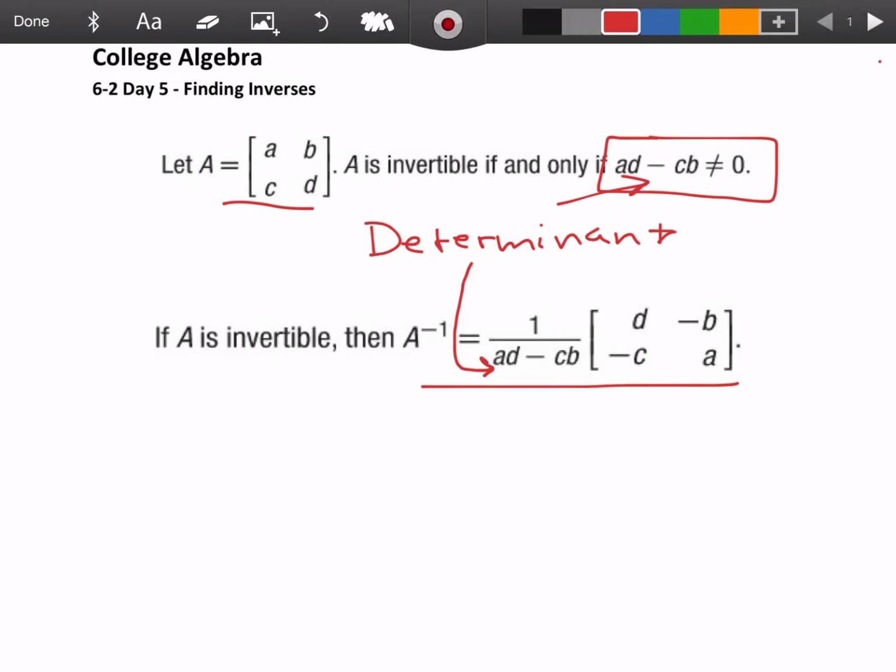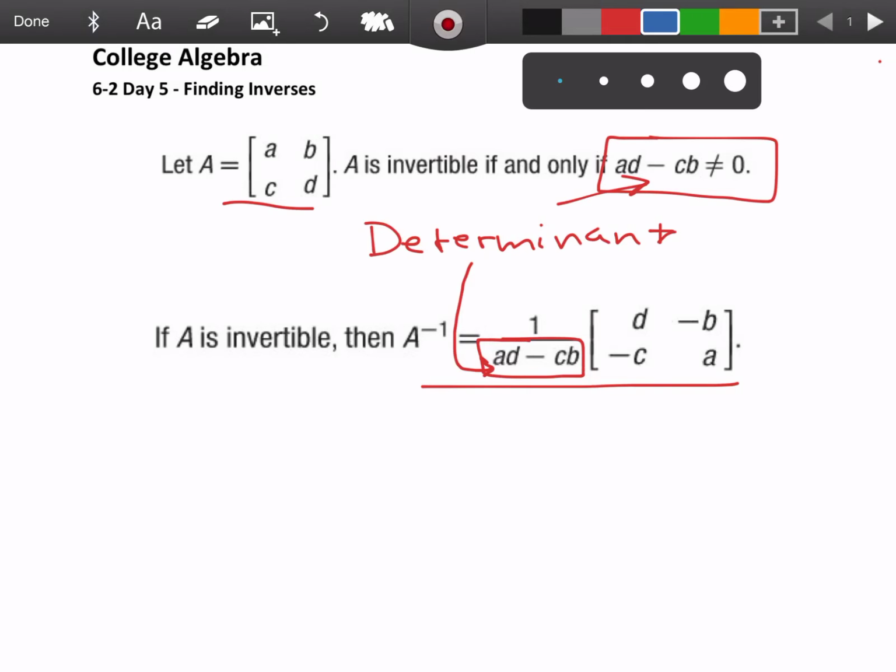And hopefully you can see it can't be 0 because we're dividing by it. We can't divide by 0. So that is the denominator in that fraction. If we were to start with matrix A, the difference here is that we're taking A and D and switching places.